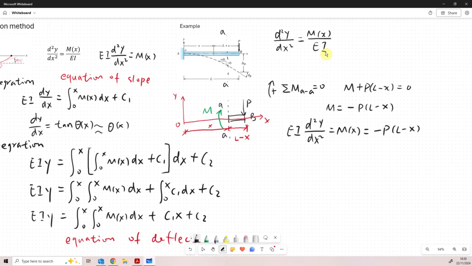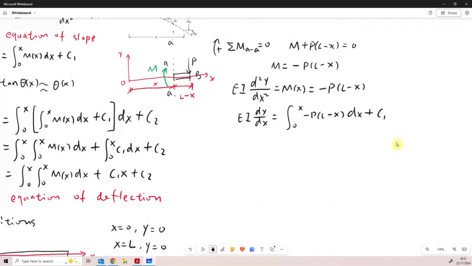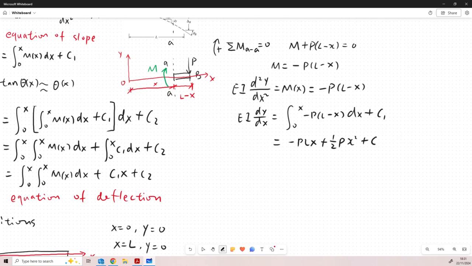The first integration will be EI dy over dx equals the integral from 0 to x of minus P(L minus x) dx plus C1. If we evaluate this integration term, we will have minus PLx plus one half P x squared plus C1.